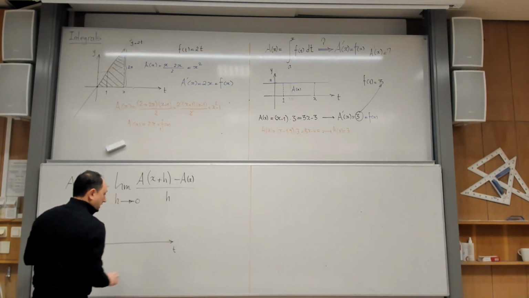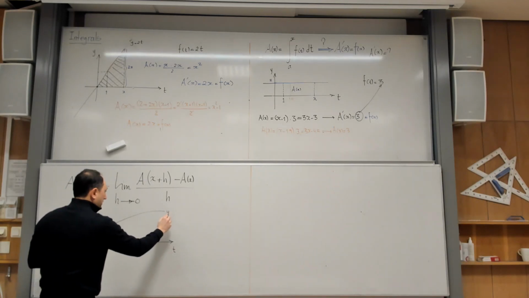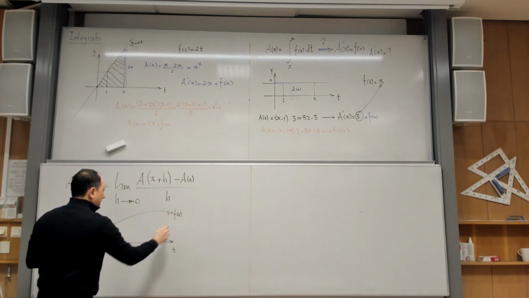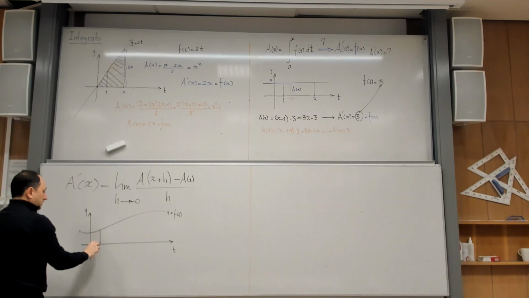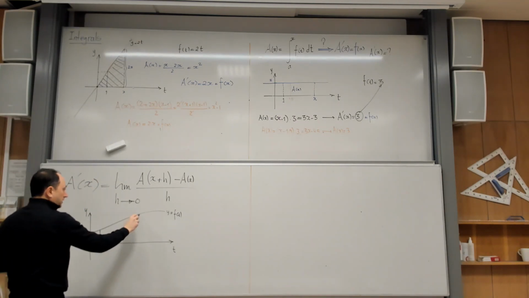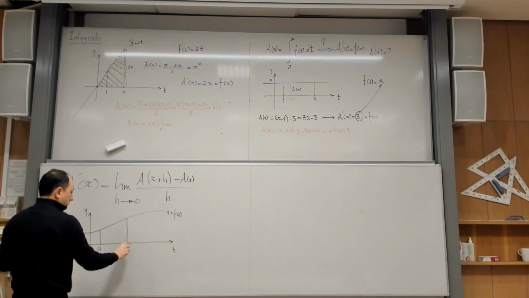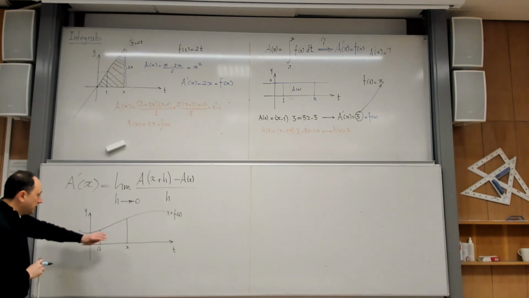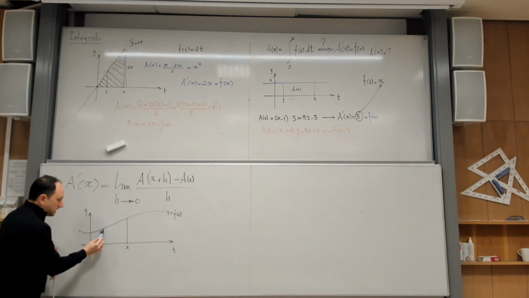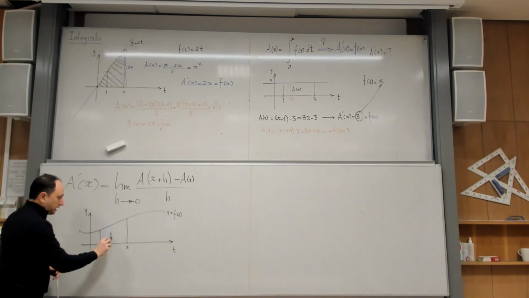This is the t-axis, and this is the y-axis, and this is my function f of t, for example. The point A is clear, and then I have somewhere here x. If I tell you what is this area, you tell me it is A of x.